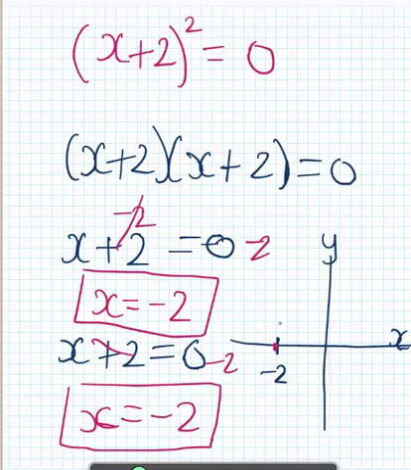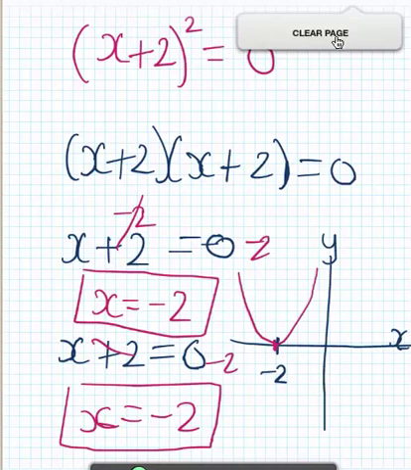This means whenever you have something like this, it's telling us our parabola, as we draw it, just touches the line where x is equal to -2, so it just touches it and just intercepts it at this point. And that's why we have two solutions that are the same. This is what you end up with, a parabola that touches the x-axis just at a point, okay? So keep that in mind. Whenever you see something like this, it's telling you your parabola is just touching the x-axis and then continuing.